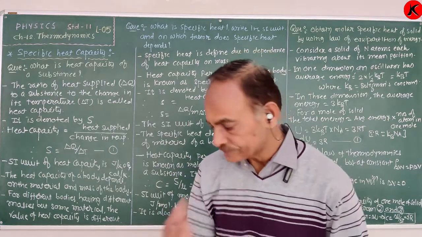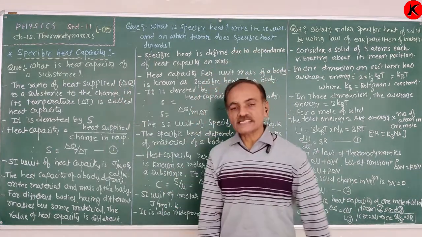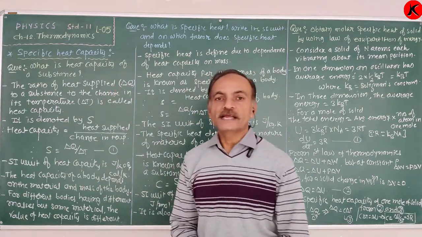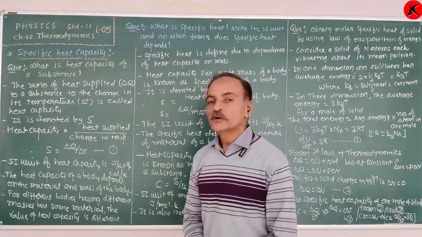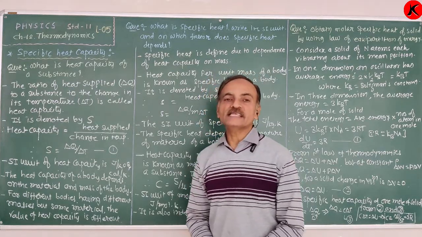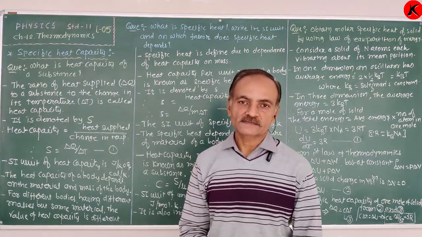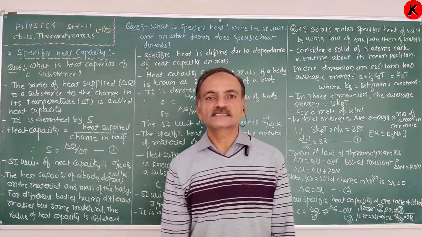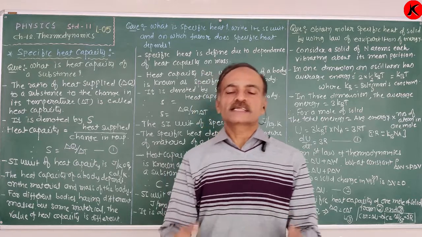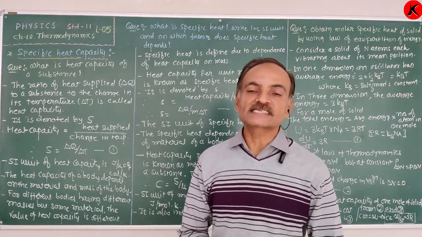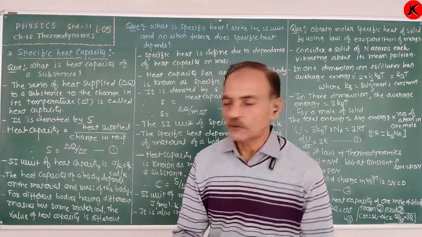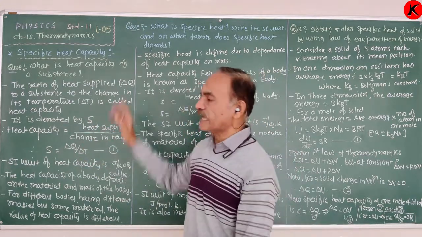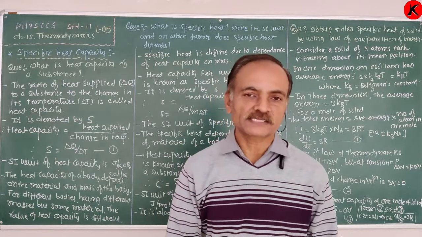Therefore, the definition of the heat capacity of a substance is the ratio of heat supplied, delta Q, to a substance to the change in temperature of the substance. As we supply delta Q amount of heat to the substance, suppose the temperature of this substance is increased by delta T. Therefore, the ratio of delta Q to delta T is known as the heat capacity of a substance.